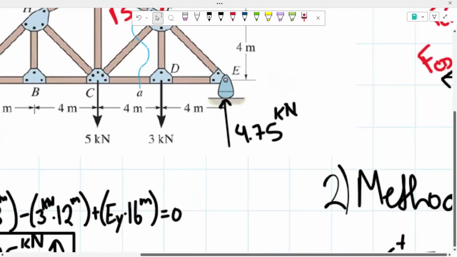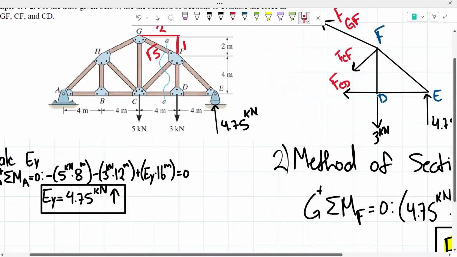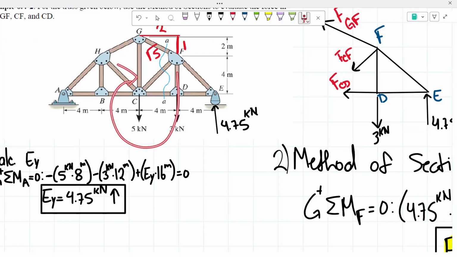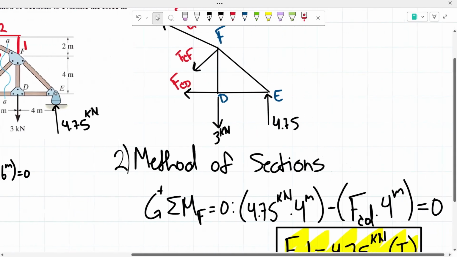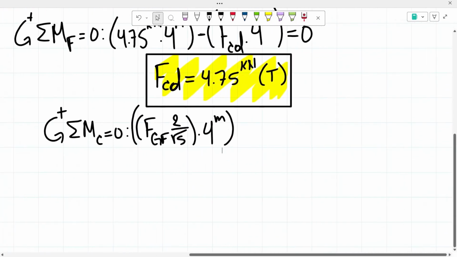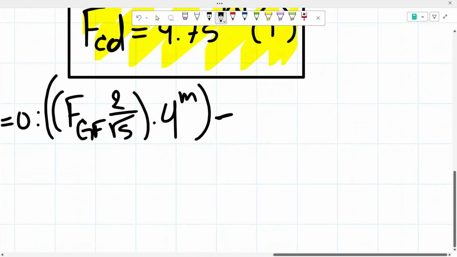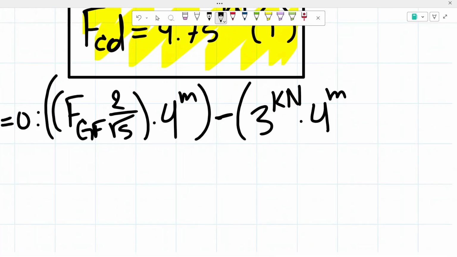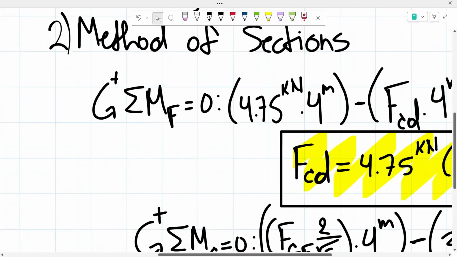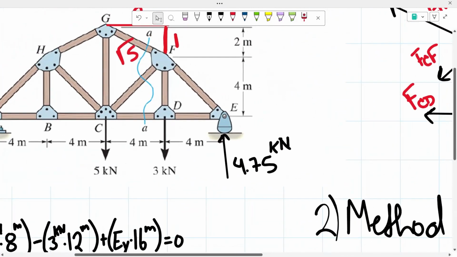From there, we just have our two forces. So this one, we know it's going to be creating that clockwise moment, so negative moment. We have a force of 3 kilonewtons, and we know that here to here we have a distance of 4 meters. So let's write that out. Negative moment of a force of 3 kilonewtons times the distance of 4 meters. And then from there, we have our reaction right here.